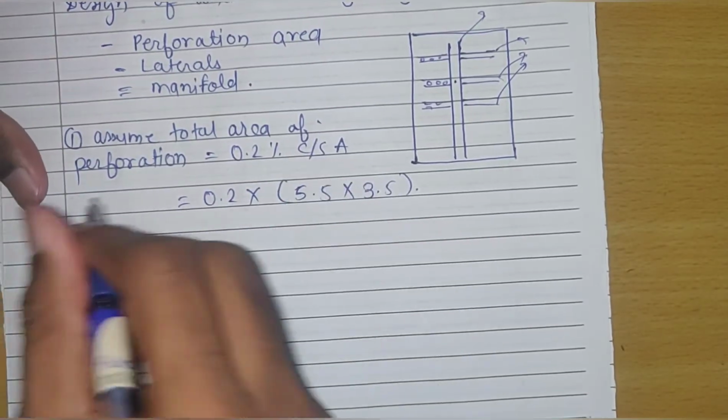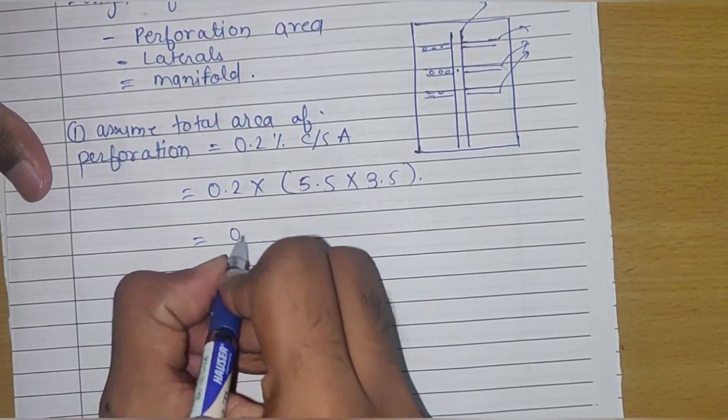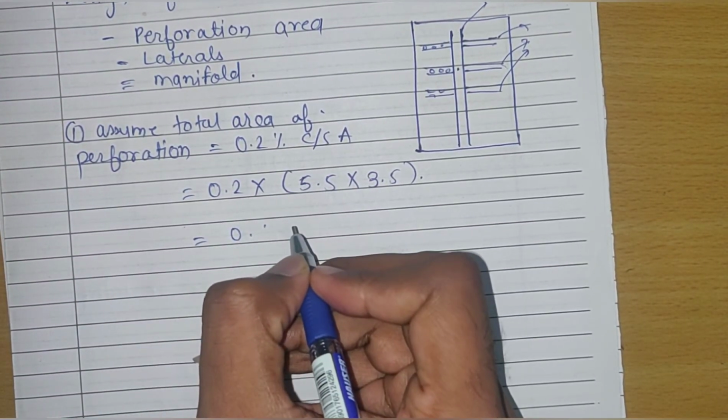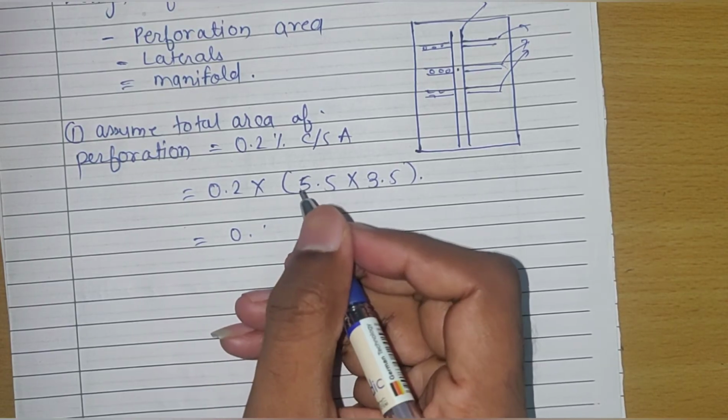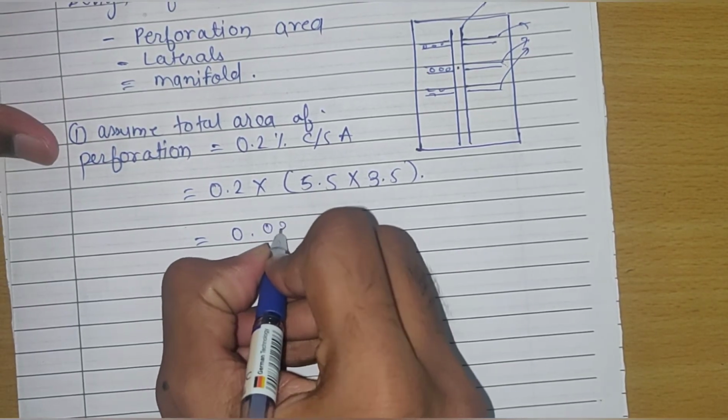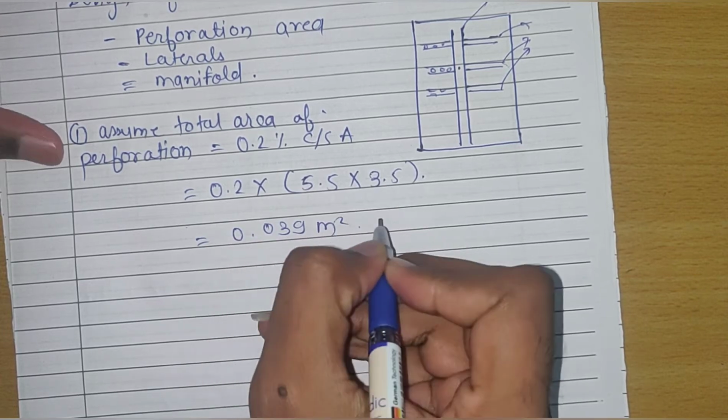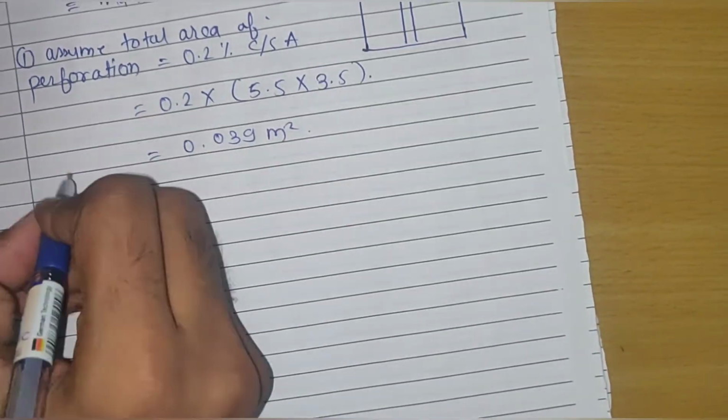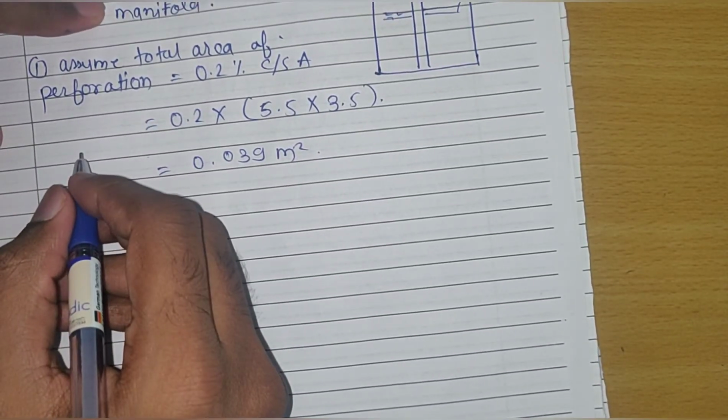After calculating this, you will get the area of perforations as 0.039 meter square. Now we have to assume the area of laterals.